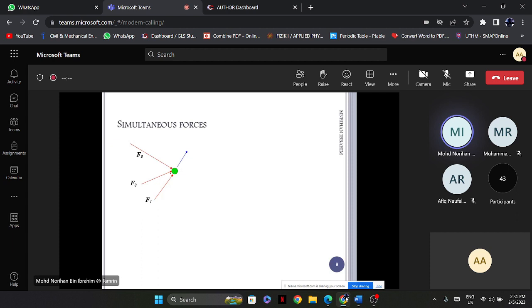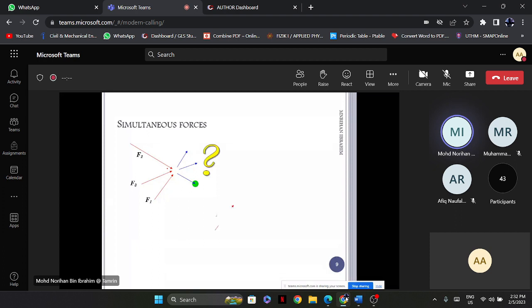So what will happen to this particle? Look at the direction of motion. If we have F1, it has the tendency to move in these directions, right? If this particle is acted upon by F3, it will move in this direction, and similarly F2, it will move in these directions.